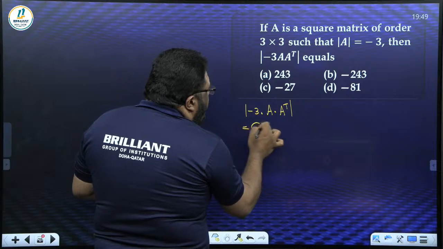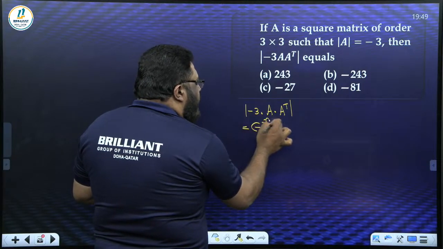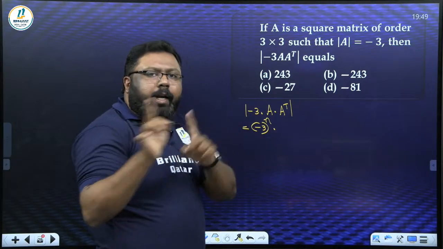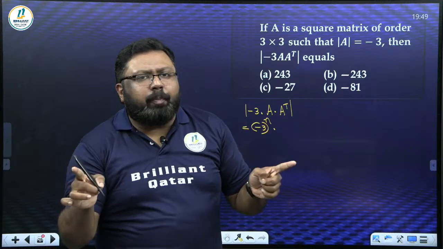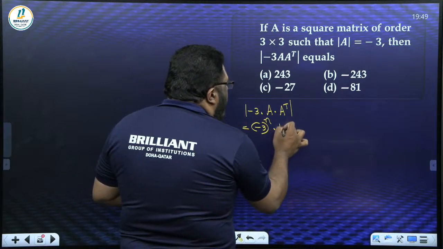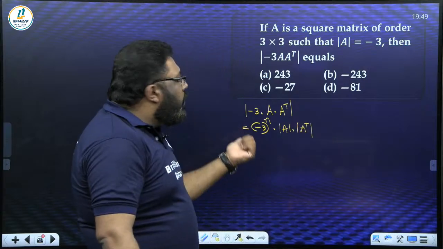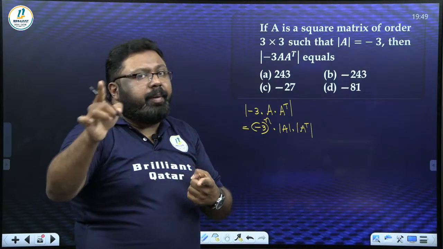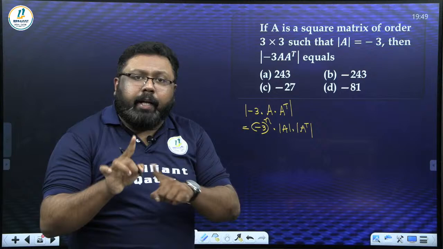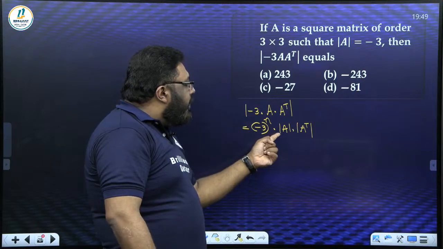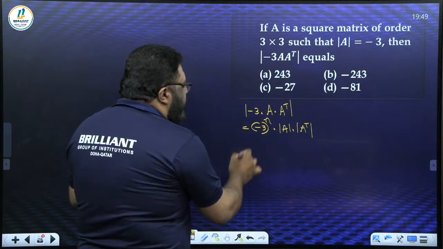If I take the scalar out, it becomes raised to n, and according to the product property, if I multiply two matrices, it's simply the individual determinants. So I use the property of k raised to n, determinant of A, and also the product of two matrices, which is determinant of A into determinant of A transpose.